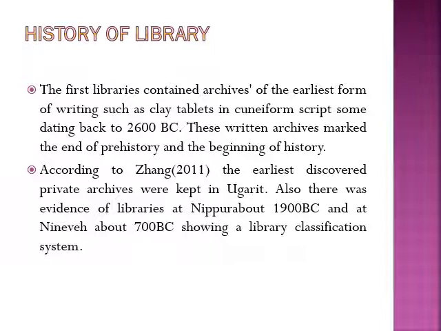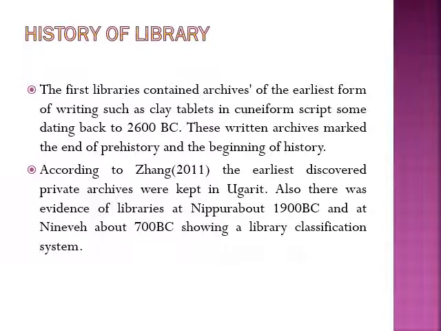So let's look at some historical antecedents about the existence of libraries. We said as far back as 2600 years before Christ, there existed libraries. And that is why 1900 years before Christ and 1700 years before Christ, there were evidences of the existence of library classification systems.